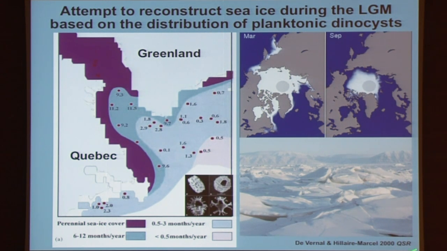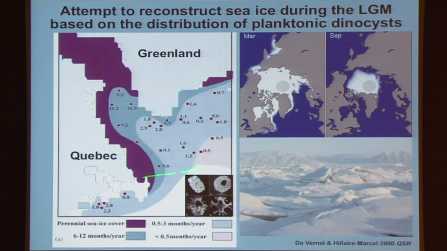So this is just a graph showing, for example, the sea ice change during the glacial period. This is the modern day seasonal cycle of the sea ice in the North Atlantic. We have the summer sea ice in late September, this is the mean for the summer, and the winter sea ice maximum, and we can see that there is a large seasonal change.